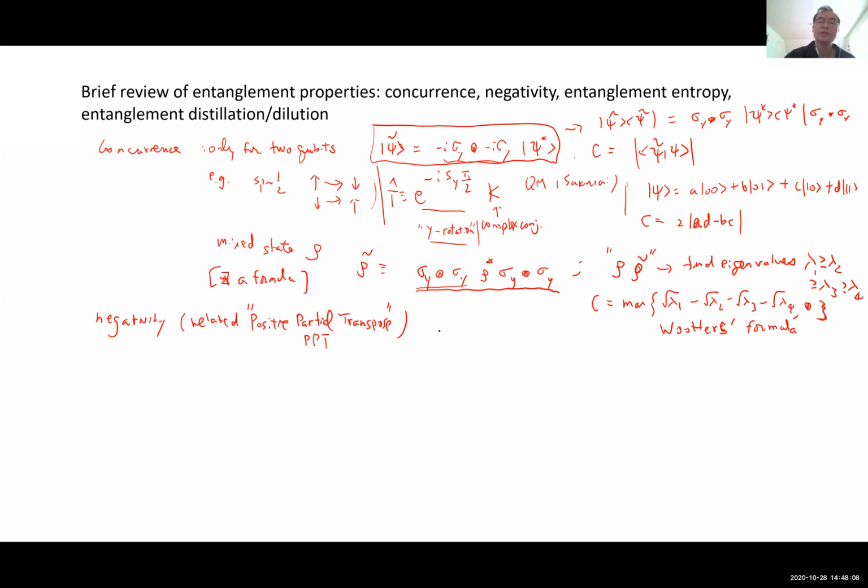Just to take an example, if you have a pure entangled state like this, then you write it as a density matrix in the basis 00, 01, 10, 11. This will be 1 at the four corners.